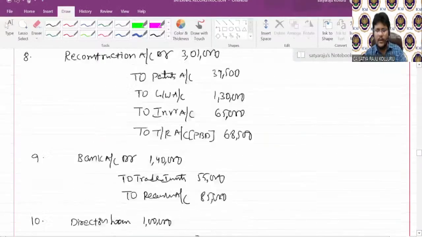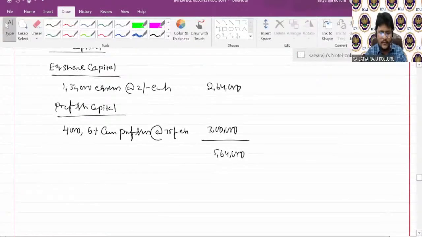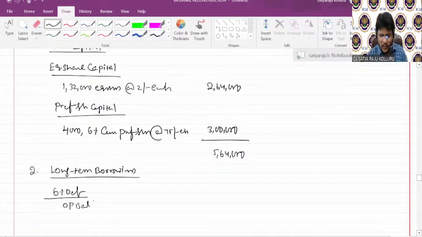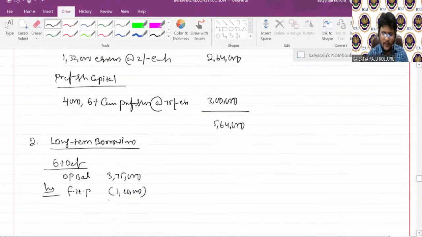First, you need to write under notes to account, that is note number 2, long-term borrowings. Under long-term borrowings, which is 6% debentures, the opening balance is 3,75,000, less paid in the form of freehold property, 1,20,000. Still we have a balance of 2,55,000.